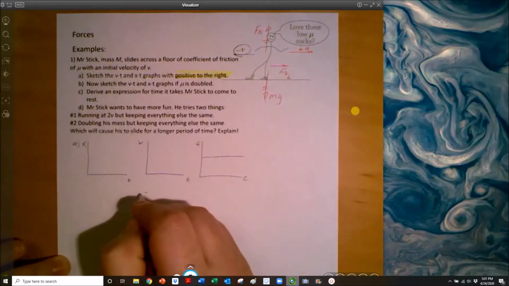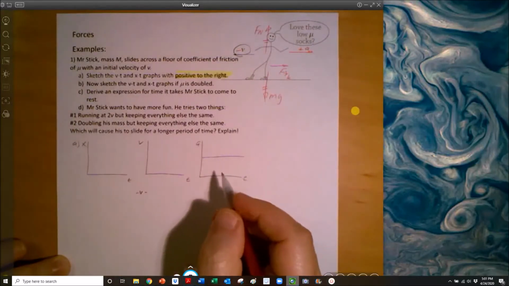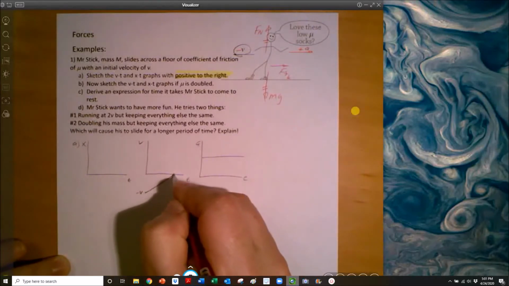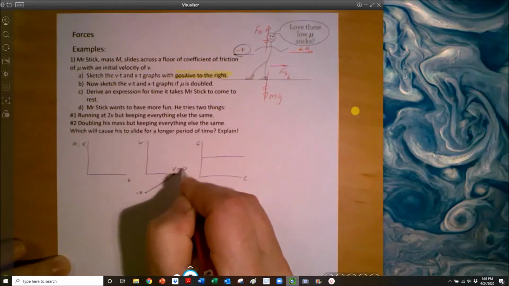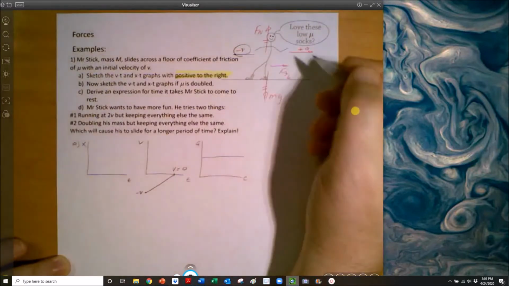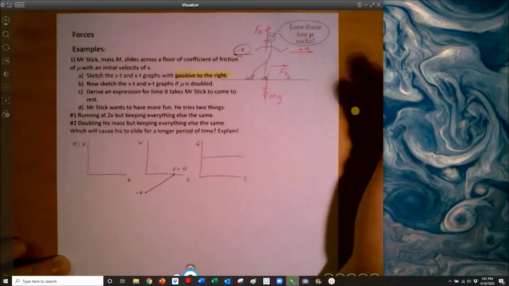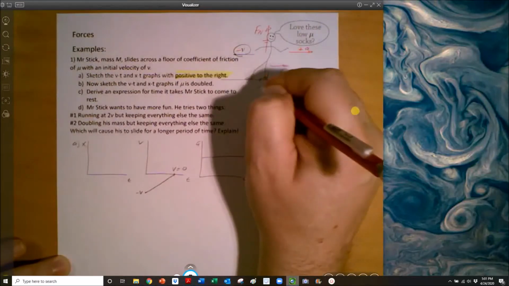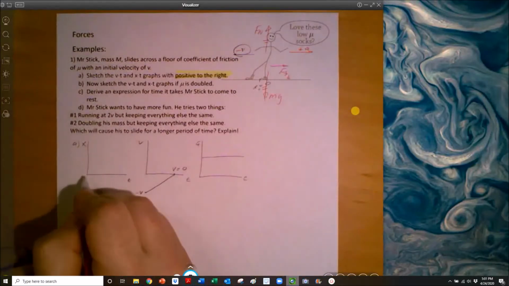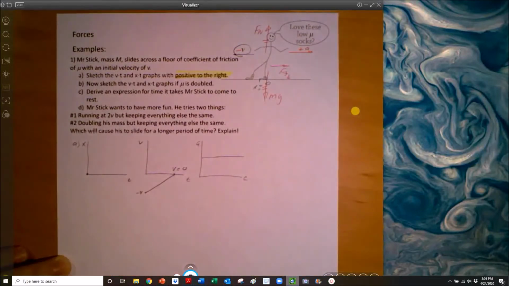So we start off down here at negative v, and then we end at some time with Mr. Stick at rest, so our final velocity is 0. And then, they don't tell us where we begin. So usually in class, we just call the original spot x naught as 0. So let's just say we start at 0, at time 0.